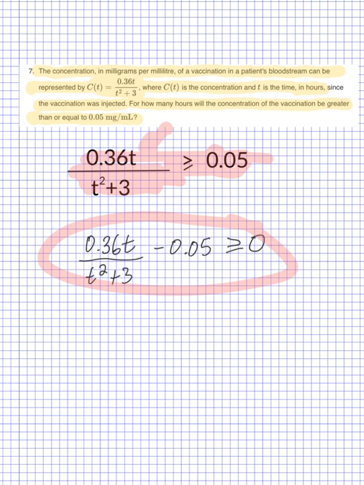Okay, so let's get a common denominator. We have 0.36 T minus 0.05 times T squared plus 3, and now these will both be over T squared plus 3, greater or equal to 0.